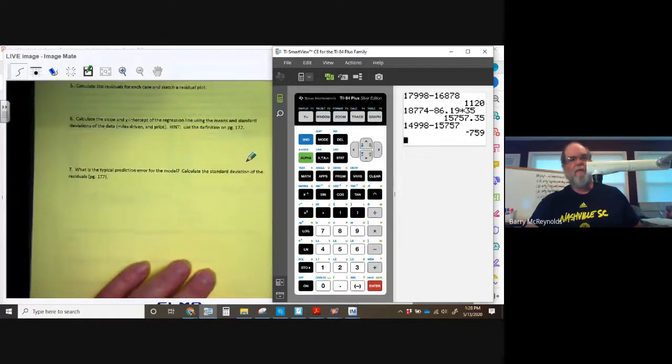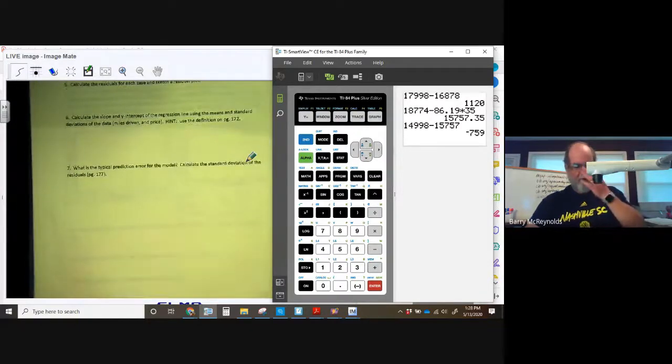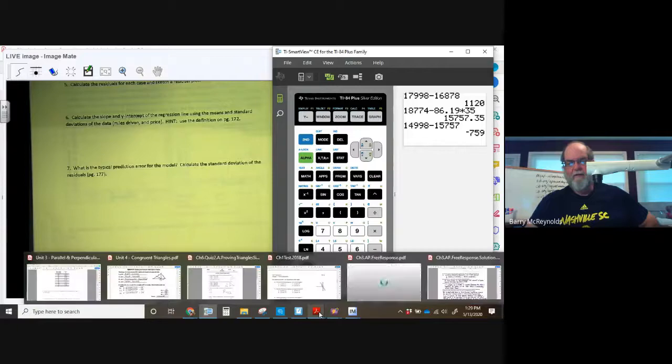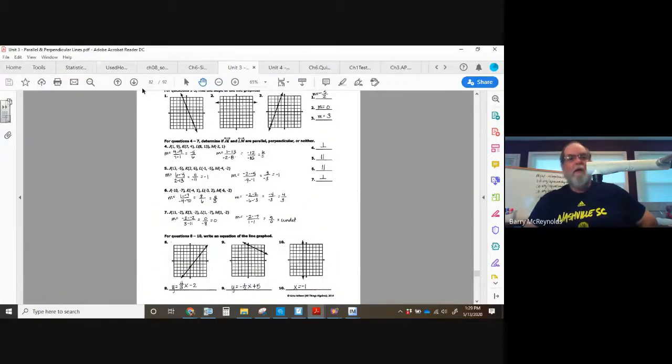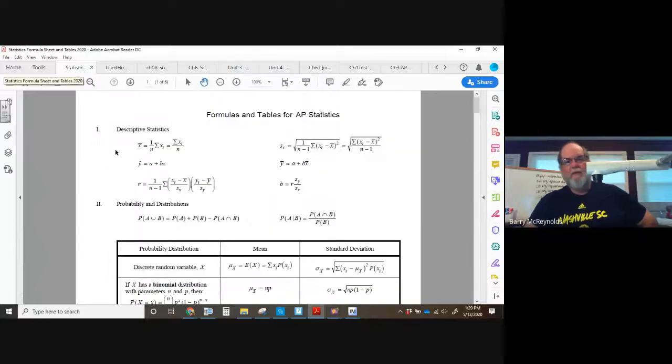And so question 6, I think, is something that you may have to come up on. And it is calculate the slope and y-intercept using the means and standard deviations of the data. Okay, and so what that refers to is the formulas that are on the top of your formula page.